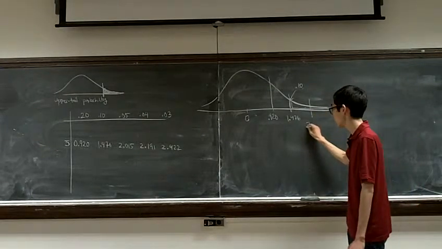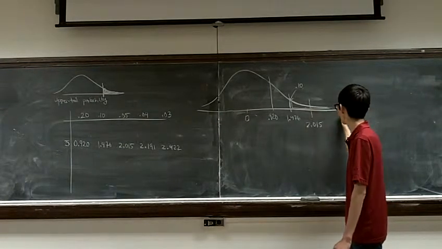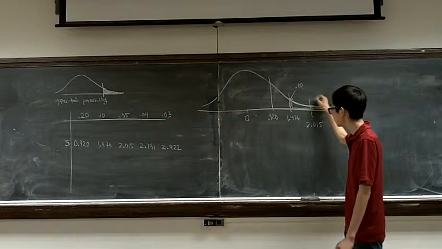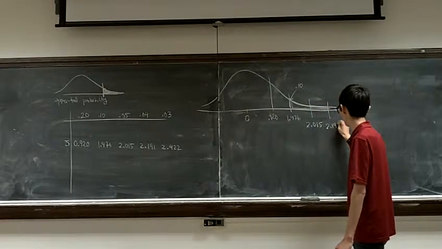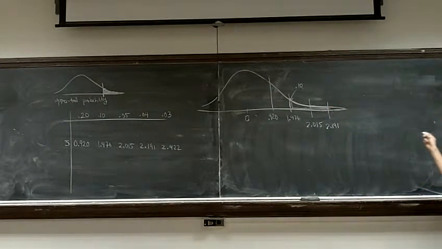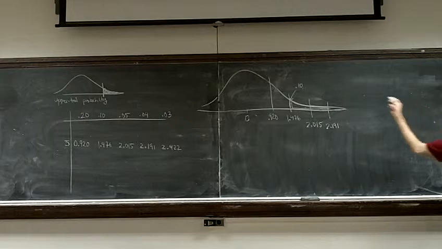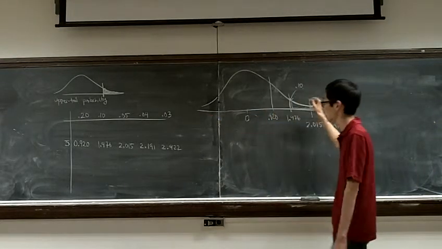And so we can see that as I go further out, everything to the right of 2.015 is 5%. And further out, 2.191 gives me only 4%. So the further and further I get from 0, the less and less I have in my upper tail. Okay.